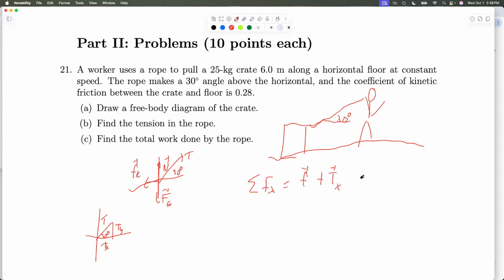We can see that from the picture. That'd be mass times acceleration in the X direction. The sum of the forces in the Y direction will be Fg, I'll write it as a vector for now, plus the normal force, plus the Y component. These two are positive, that one will be negative, and this will be 0 because we're not accelerating up and down.